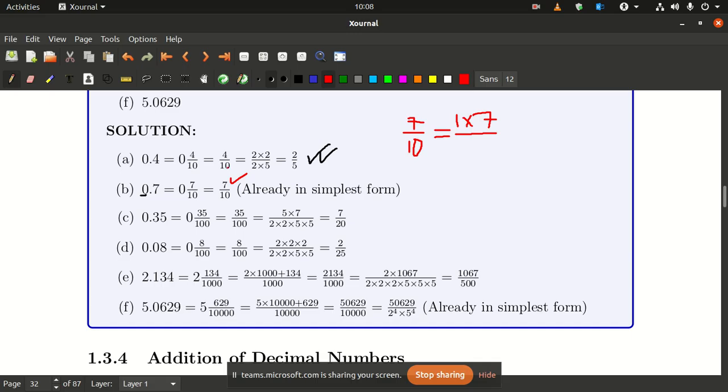And 10, what are the prime factors of 10? Factors of 10 are 1, 2, 5, and 10. But 10 has so many factors, not only 2, so it is not a prime number. 1 has only one factor, so it is not a prime number. So the only prime factors of 10 are 2 and 5. Hence, we are saying this one is 2 times 5. I hope you are getting this.